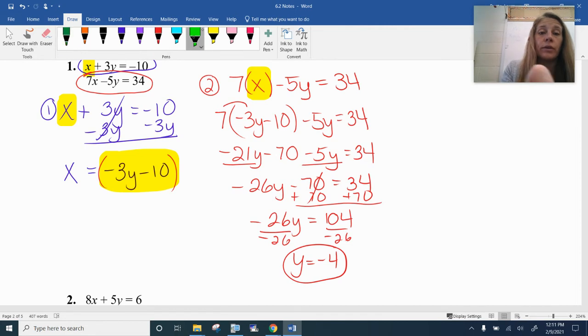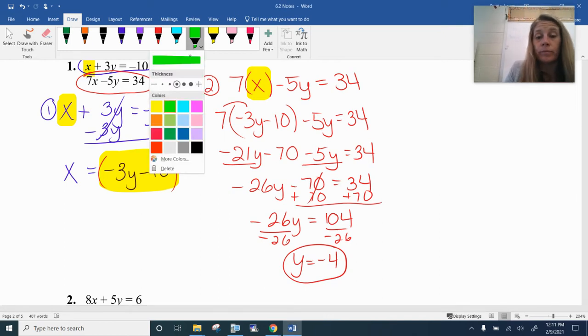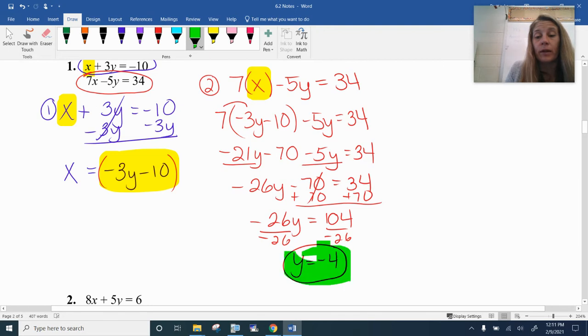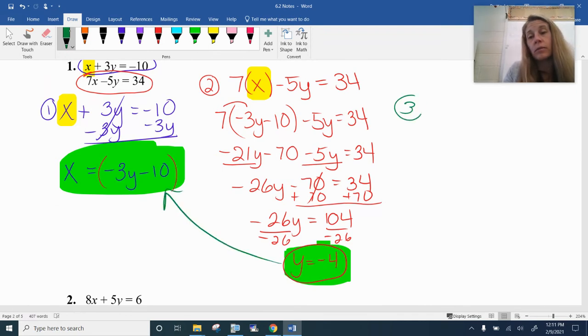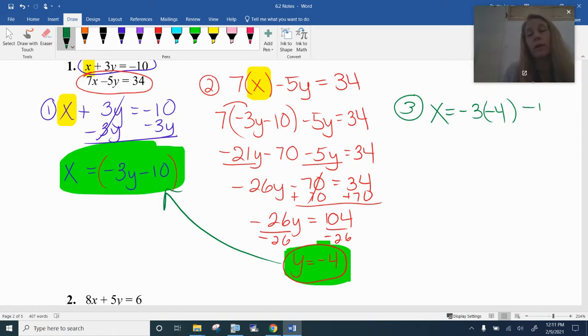And to do our third step, we're going to take the value that we got in step 2, so the answer basically for step 2, which was -4, and we're going to substitute it into that revised equation that we had in step 1. So x equals -3y, which is now going to be -4, minus 10.